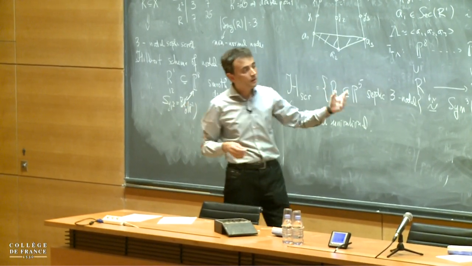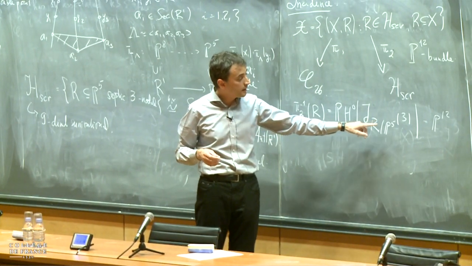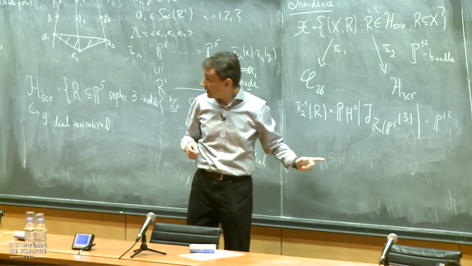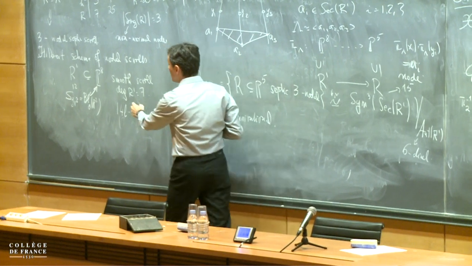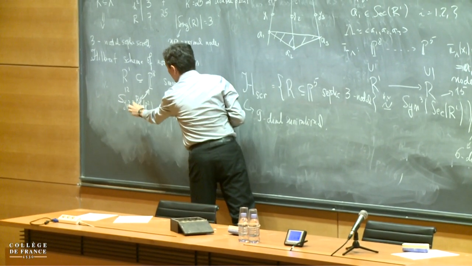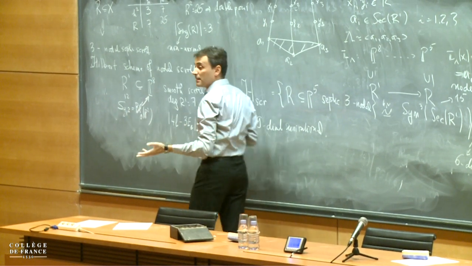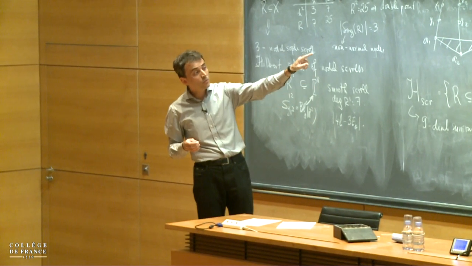Basically, you look at cubics, they have to pass through 3 nodes. You have 56 minus 3, 53, and then you have to look at the condition imposed by the nodes. You pull back to P2, because the scroll that we fixed once and for all is embedded by this linear system. So this is a P12 bundle.